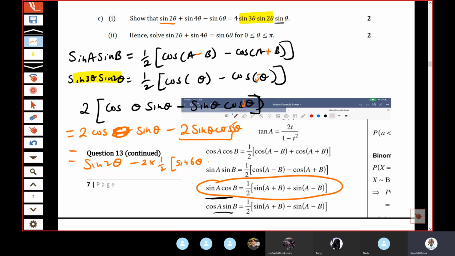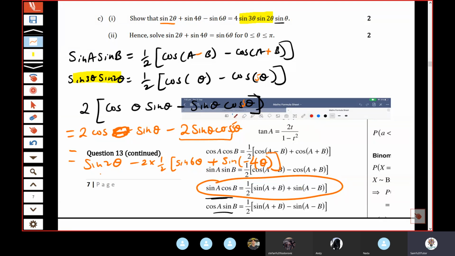Sine 6 theta plus, theta take away 5 is negative 4, because the formula is half, minus 4 theta. I'm using the formula that I've circled here.